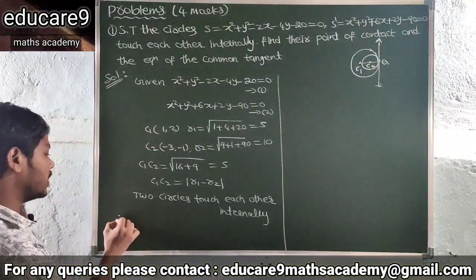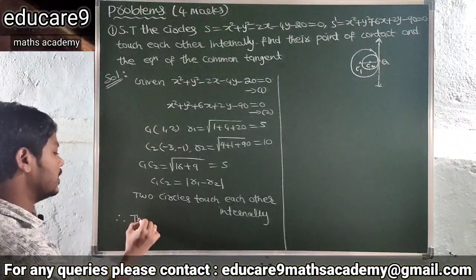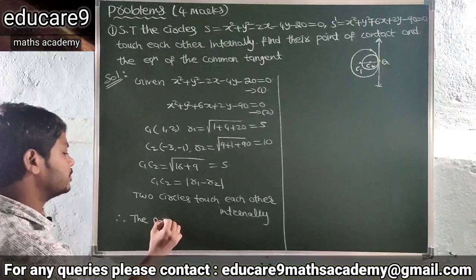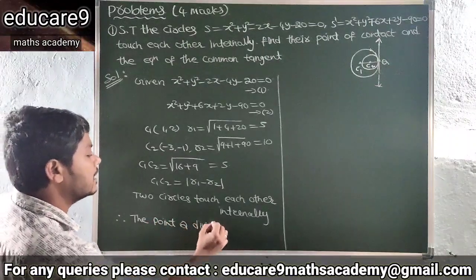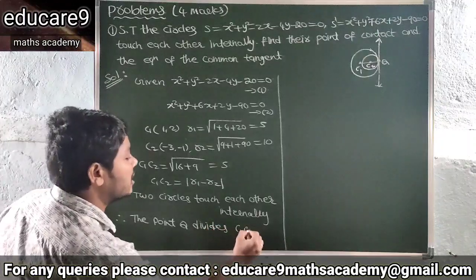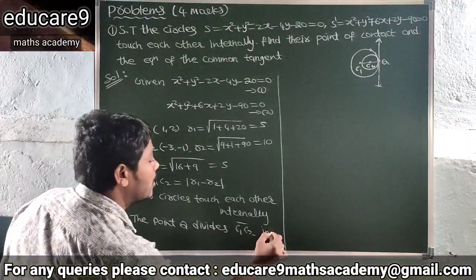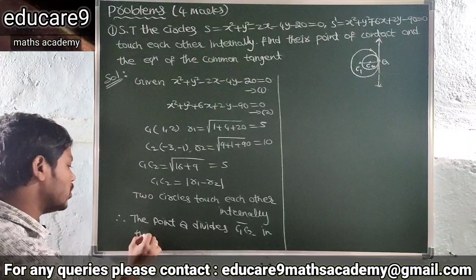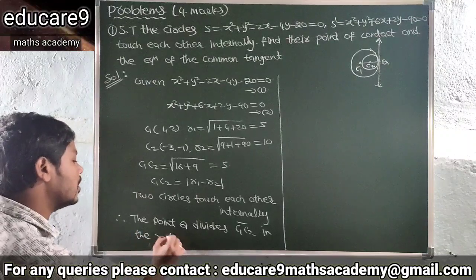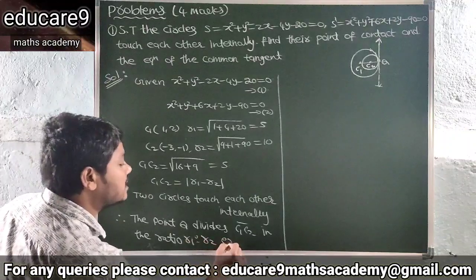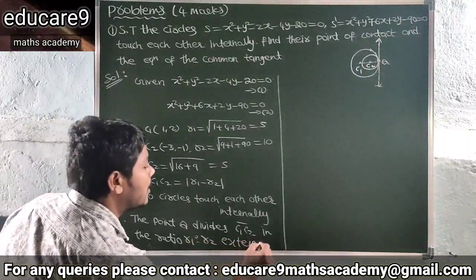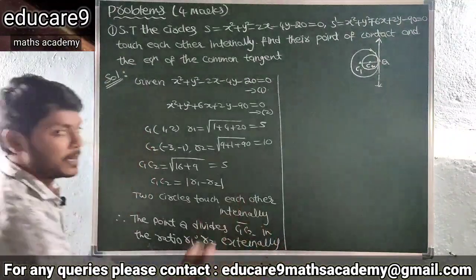Therefore the point Q divides C1 C2 in the ratio R1 is to R2, externally.